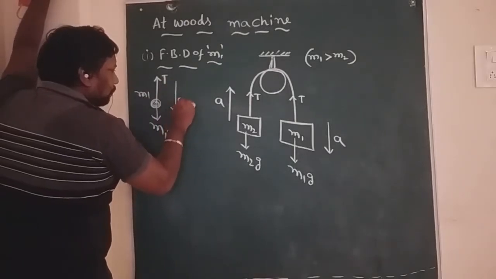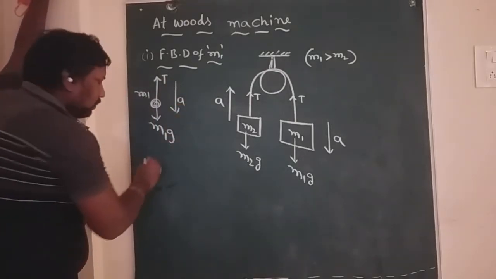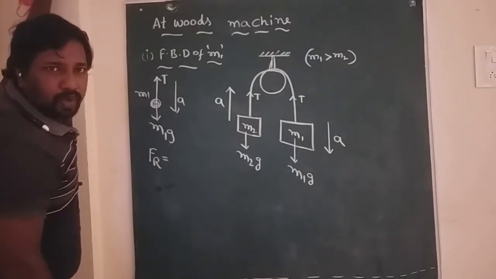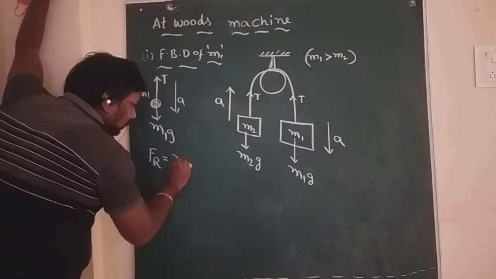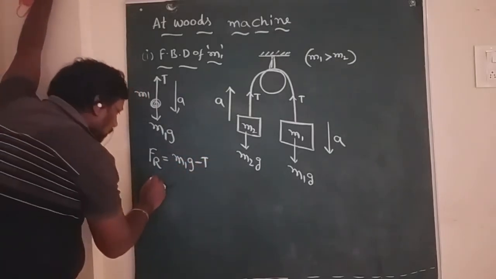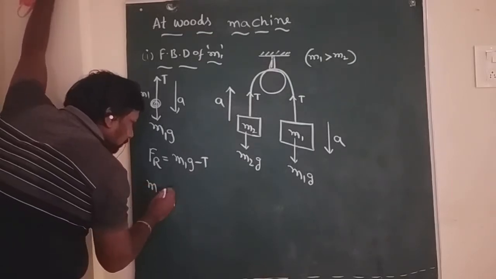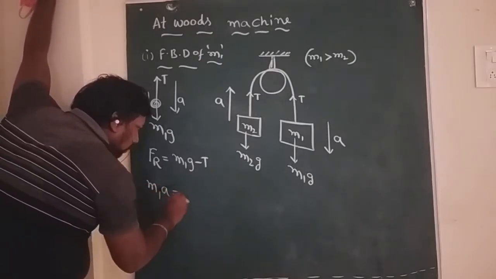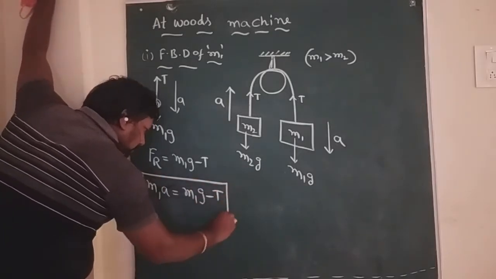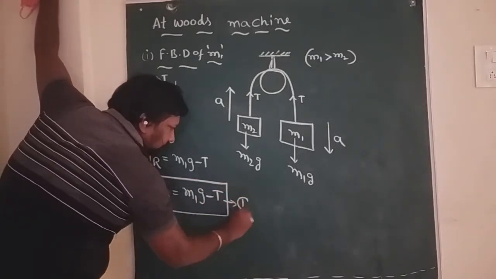Acceleration of the M1 block is vertically downward. So therefore, resultant force acting on the M1 block F equal to M1G minus T. According to Newton's second law, M1A equal to M1G minus T. This is equation number 1.